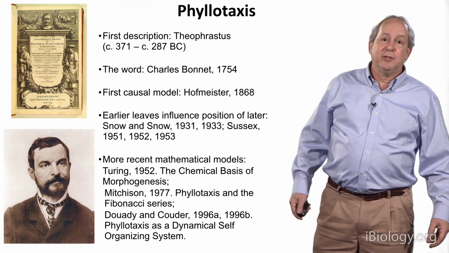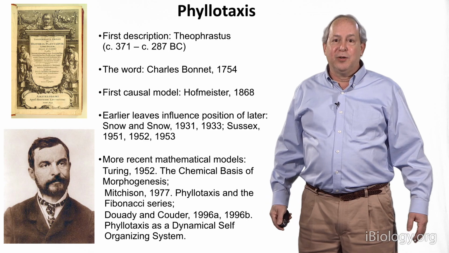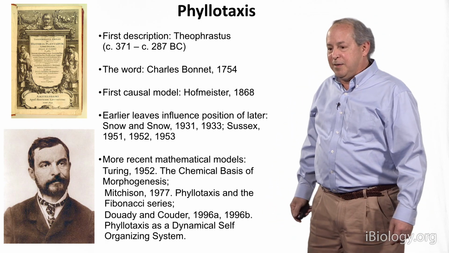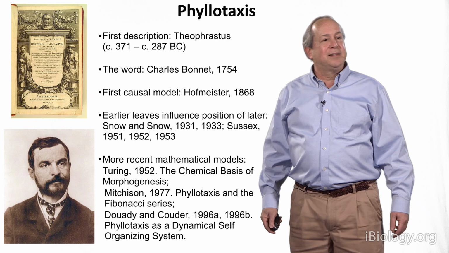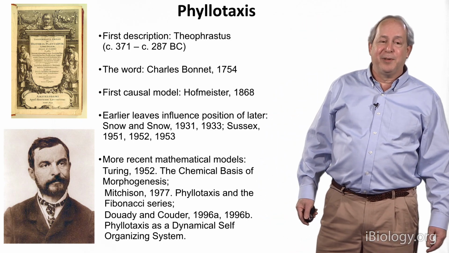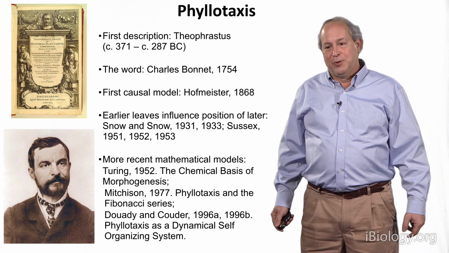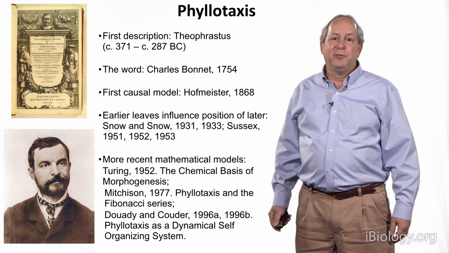The word phyllotaxis originated in the 18th century with Charles Bonnet, who felt that by categorizing the different phyllotactic patterns of plants, you could come to some sort of natural classification of the plants, which turned out to be wrong.